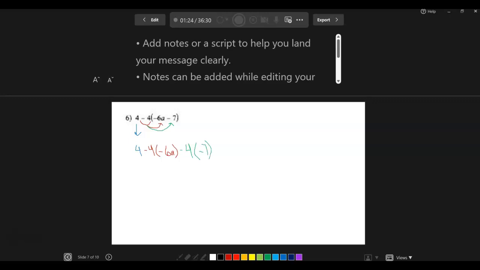Now again, you may be wondering, where am I getting that minus 4? I'm getting it because that's the sign in front of the 4 that I'm distributing. So 4 minus 4 times negative 6a minus 4 times negative 7. So bring down my 4.